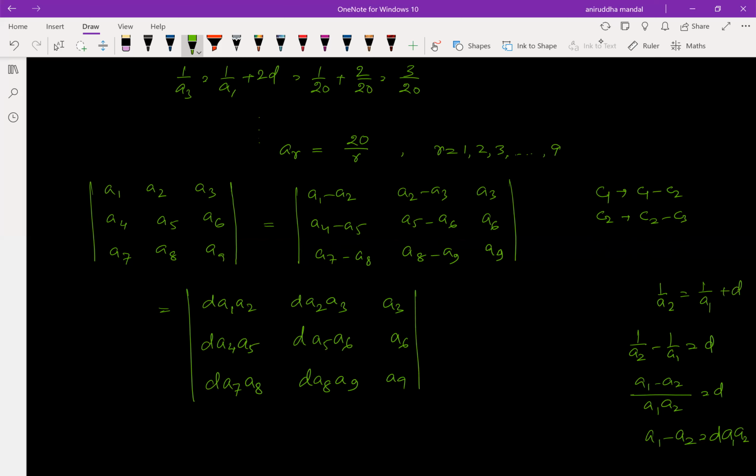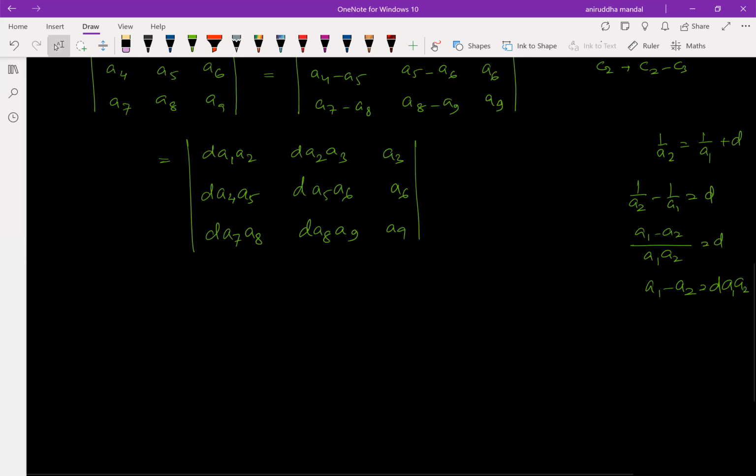Now what we can do is take D common from the first column and D common from the second column, so we can write this as D square.